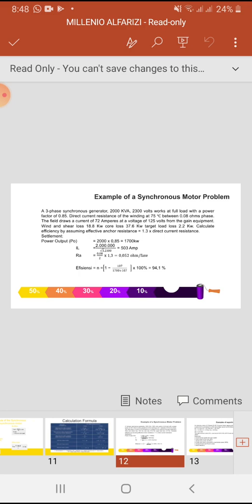Calculate the efficiency by assuming effective armature resistance is 1.3 times the direct current resistance. Solution. This is the formula of the example synchronous motor problem.